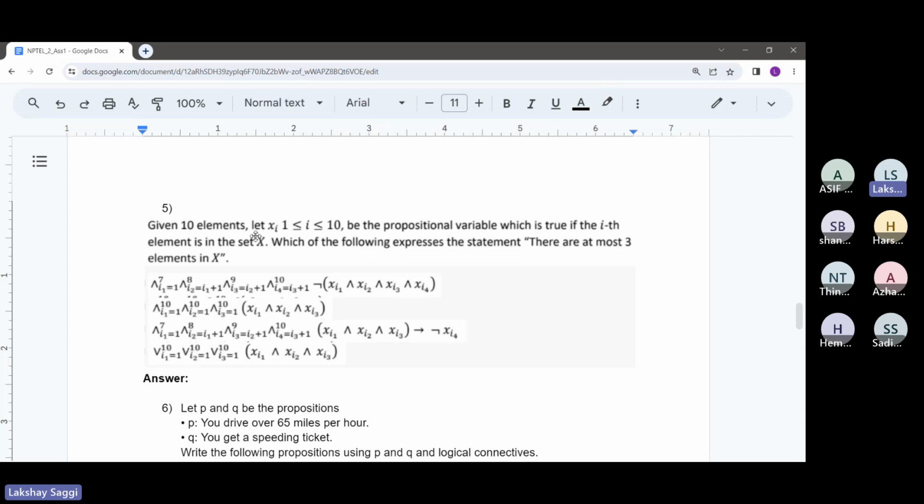So it's saying this is not possible, for all I1, I2, I3, I4. These indices are for taking over all the I1, I2, I3, I4. So actually option A is correct.